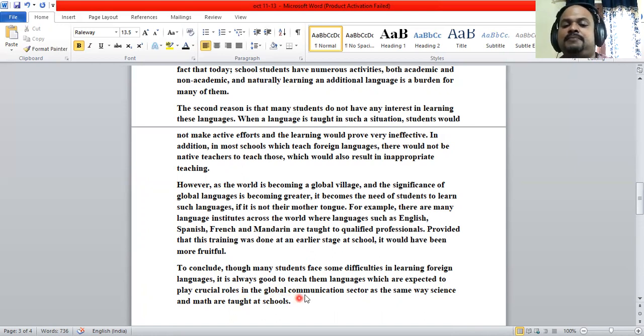How science and math are taught at school, the same way you have to teach these types of languages. So we have given a clear-cut answer to this particular question.